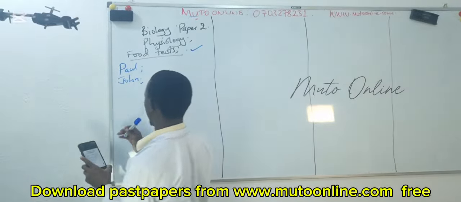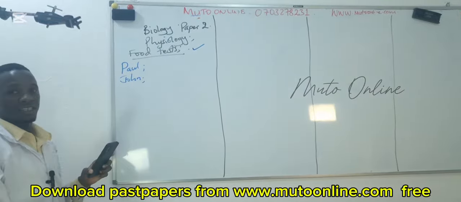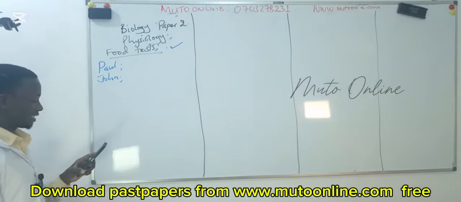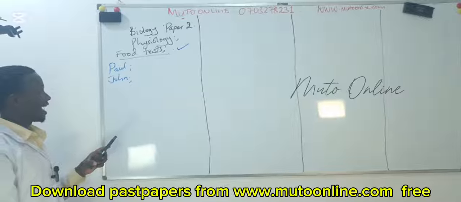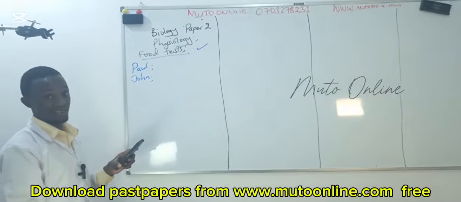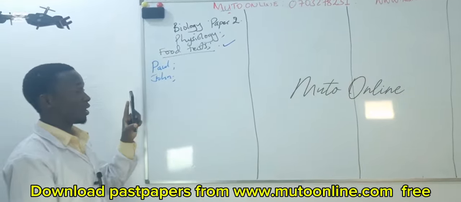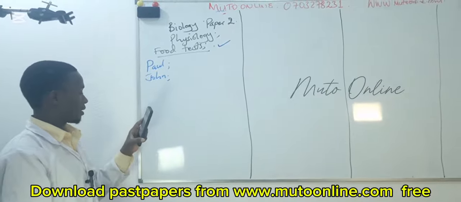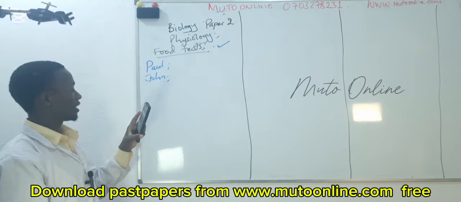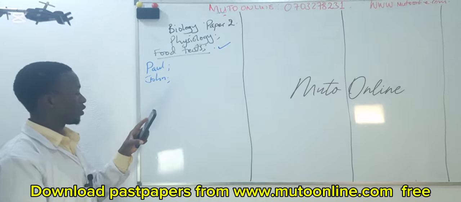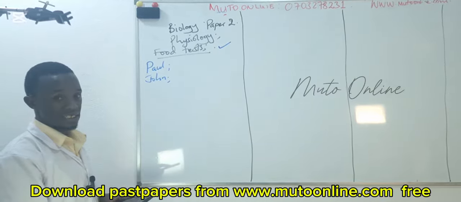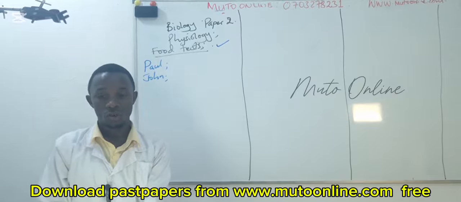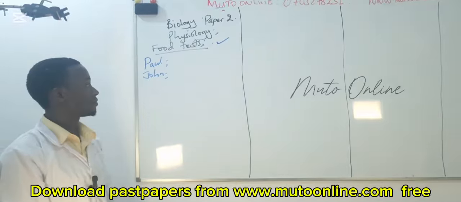So Paul loses hair, has wasted muscles, is ever tired, has dry skin, and the hands and legs are swollen. Last time we said swelling of this is edema. And John is presenting very poor wound healing, bleeding gums with severe joint pain.